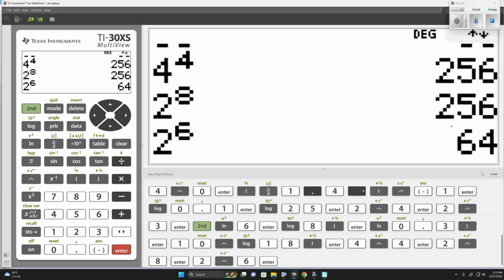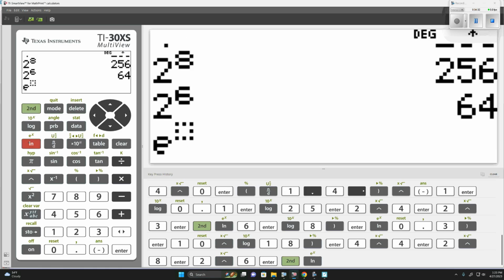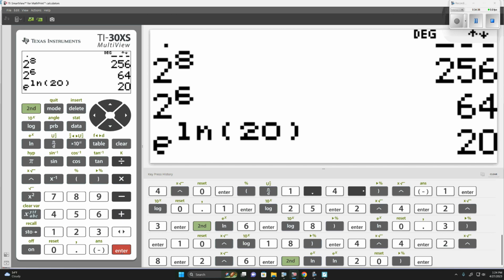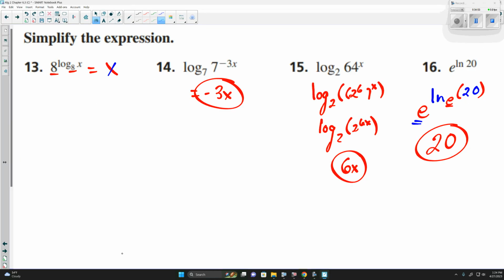And with this one here, we could have plugged it in. We can say e to the ln of 20 is 20. Luckily with e, it already gives you the exponent. And it works out the other way.